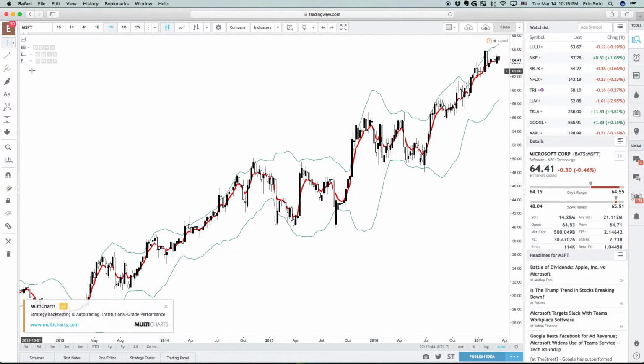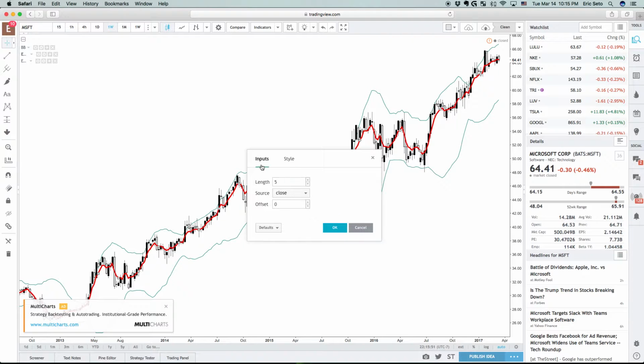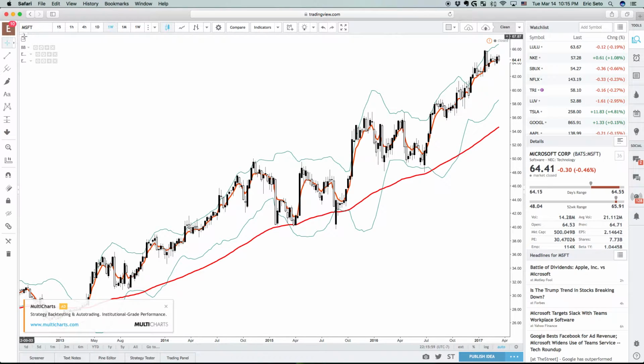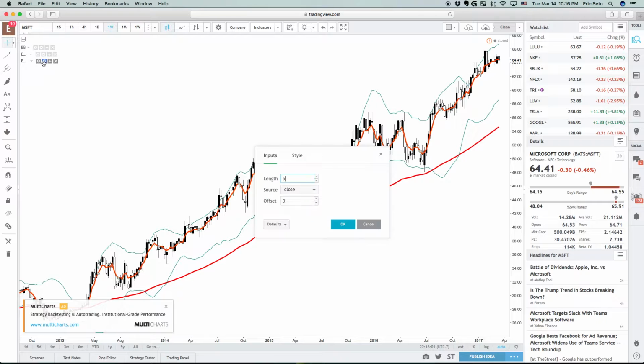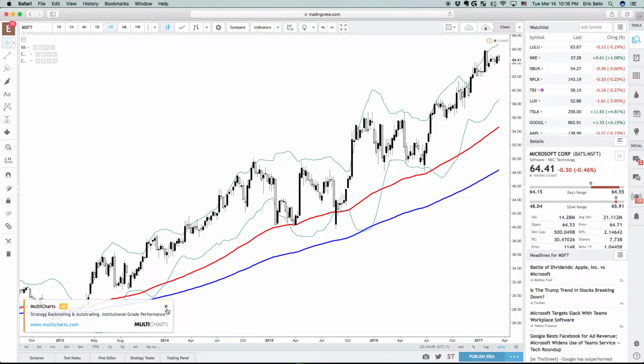As you can see in the upper left-hand corner, click the little gear icon, settings, and change the red one to 100. Okay, good. Now I click on the second gear icon and change that to 200. And under style, I'm going to make this blue. Okay, so now we have all the indicators on the chart.